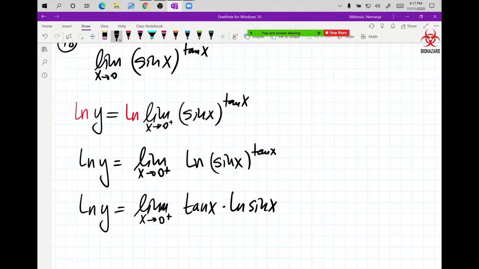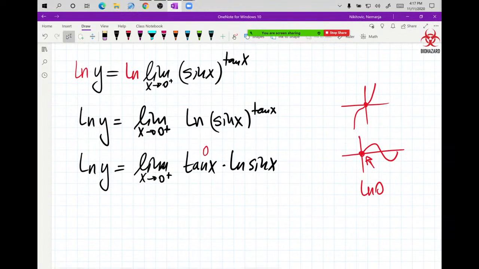But anyway, when I plug in 0 for tangent, I get 0 because tangent of 0 is 0. Why? Because the tangent graph goes through 0, 0. So input x equals 0 spits out output y equals 0. Now sine also gives you 0 when you plug in 0, but it's ln of 0.